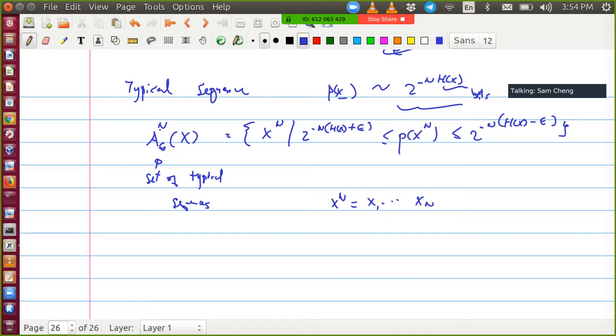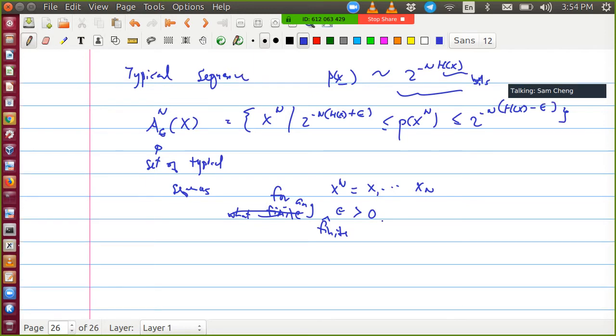No matter what finite epsilon we define, for any finite epsilon, so that means any epsilon bigger than 0, I can find some n such that basically all the sequences will be typical.